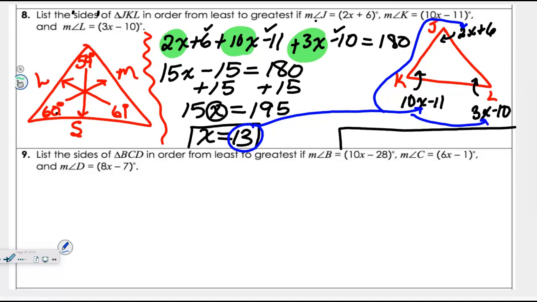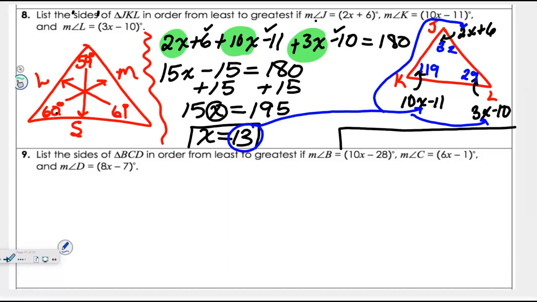Those 3 will just do it for me. All right, what's angle K? 119. Let's put that on there. What's up at the top? 32. And what's my bottom one? How could I see if those answers are right and not just have to trust them? Add them up. Yep, and they do add up to 180.